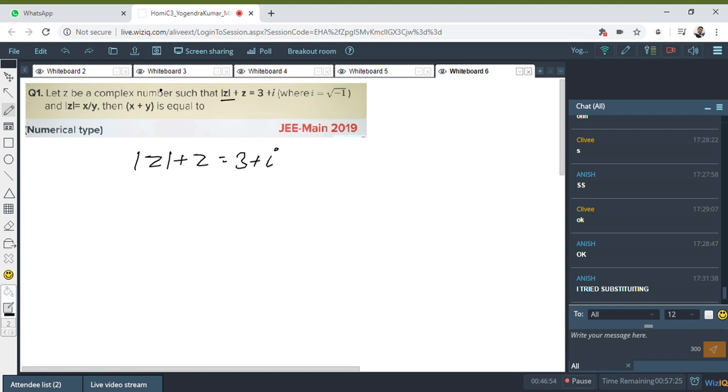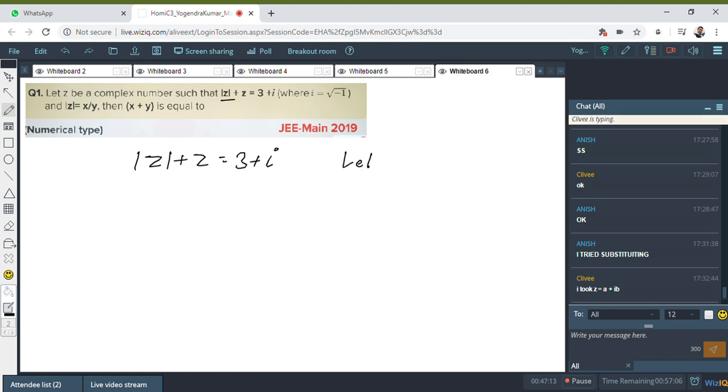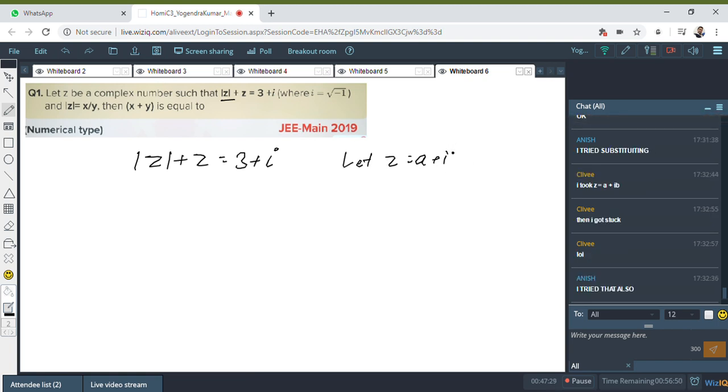Clive, how did you start? You are already doing it, I believe. Anish kept it simple. Yes, that's what you should do. Let z be equal to a plus iy, or x plus y also you can take. Okay, x and y are already there, so take a and b only, sorry: a plus iota times b.